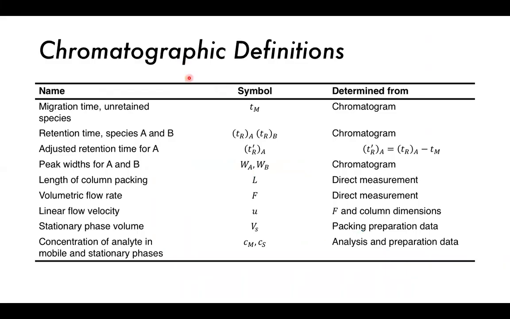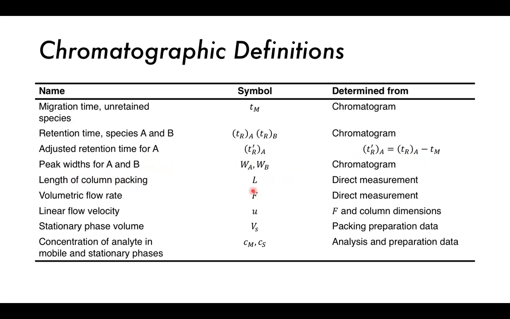So, chromatographic definitions. This is sort of a cheat sheet. We have migration time of the unretained species, tM, determined from the chromatogram. Retention times for species A and B are also obtained directly from the chromatogram. We can get the adjusted retention time for A, given as the retention time minus the mobile phase time. Peak widths for A and B come from the chromatogram as well.